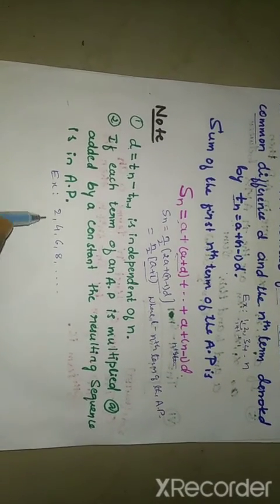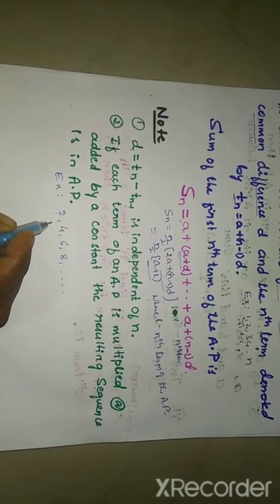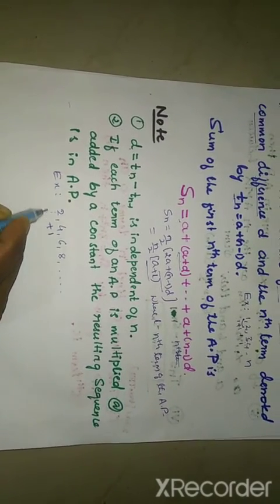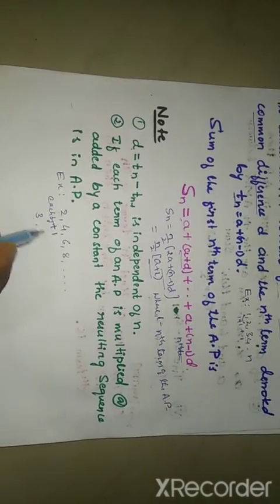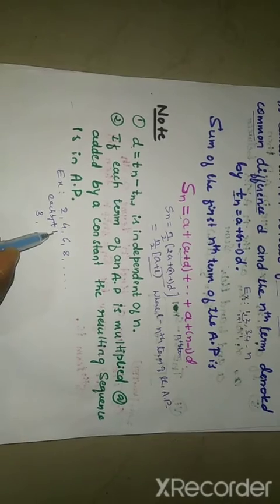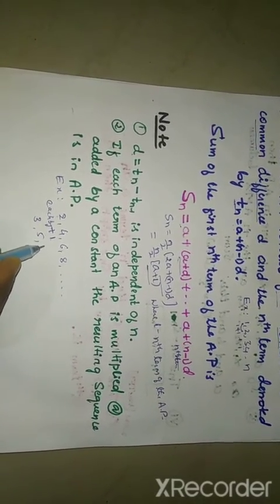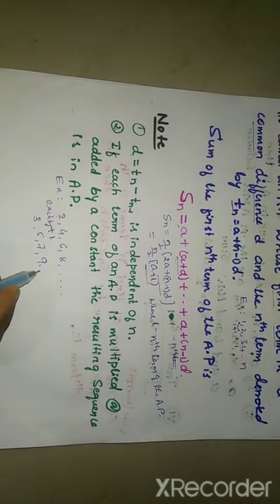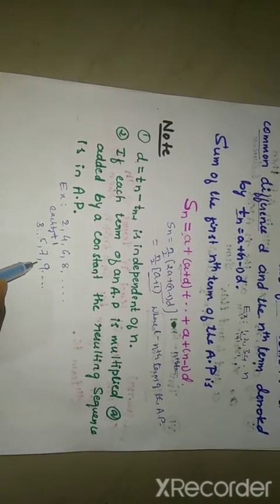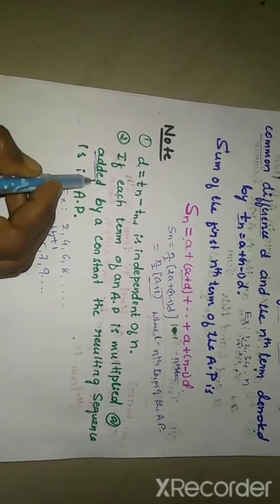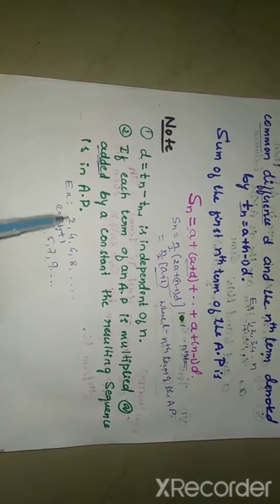If I add 1 to each term, I get 3, 5, 7, 9, and so on.